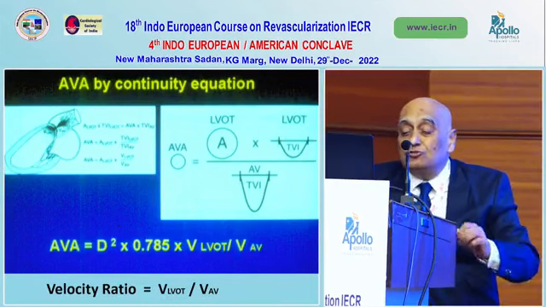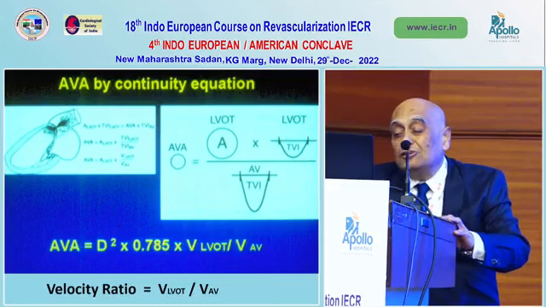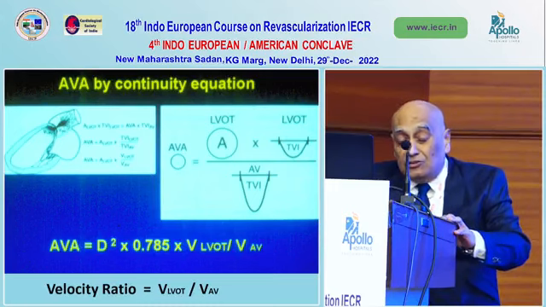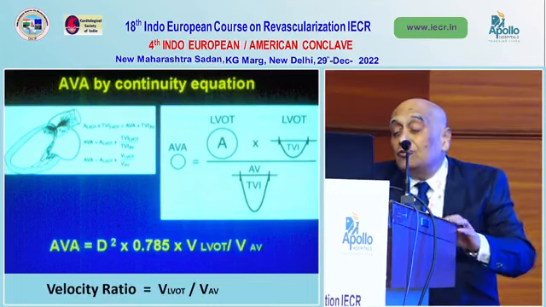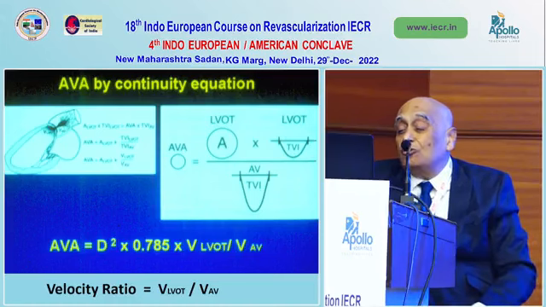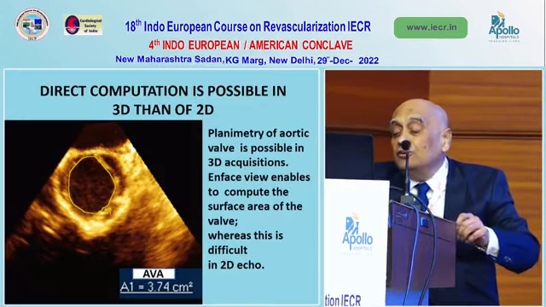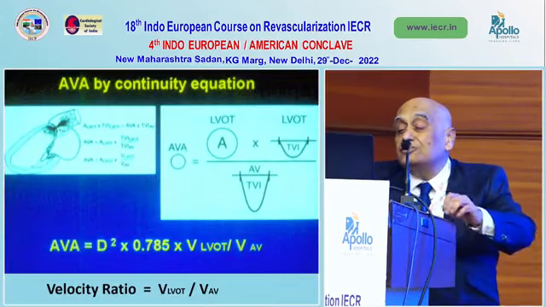You can also take what is called the velocity ratio, that is, the velocity in the LVOT divided by the velocity across the aortic valve, and accordingly you can get the valve areas.